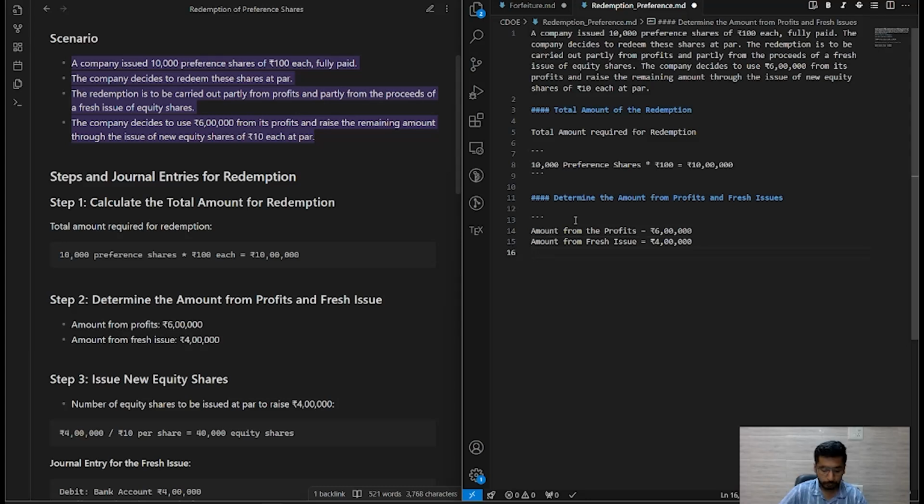Now, for the redemption, we will utilize 6 lakhs from profit. But in order to redeem rupees 10 lakh, we need rupees 10 lakh. We cannot just redeem it from rupees 6 lakhs. That means for rupees 4 lakhs, we will have to issue new equity shares.